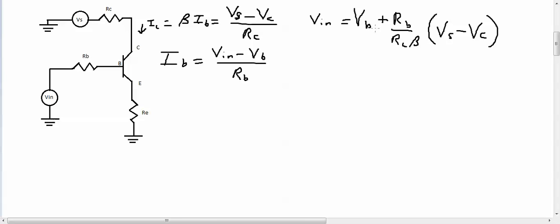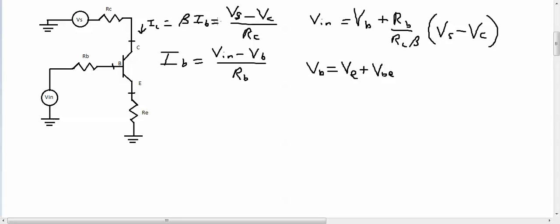This is all great, except we don't really know what the voltage at this base region is, or the voltage at the collector. And so we're going to simplify those by referring them to the voltage at the emitter. And we're going to do that by setting the voltage at the base equal to the voltage at the emitter plus the voltage that is required to go from the base to the emitter.